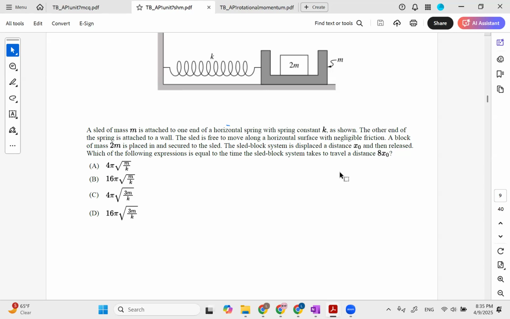So try to see how to set up the equation. What kind of problem? So what equation do you use for this one?